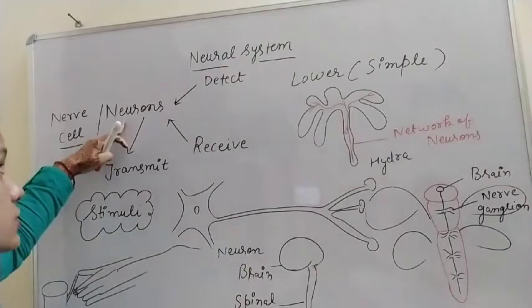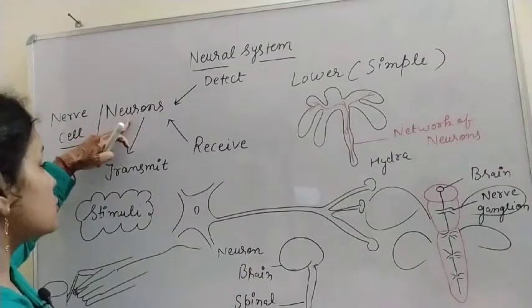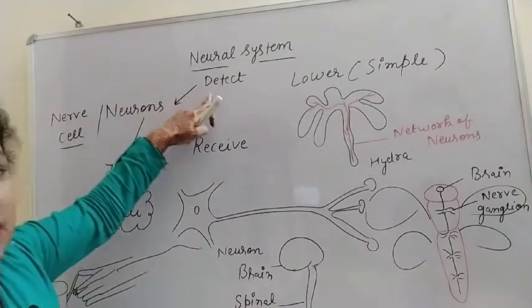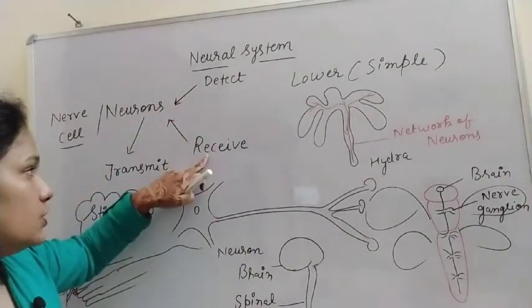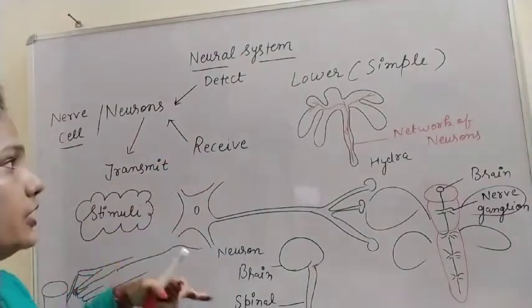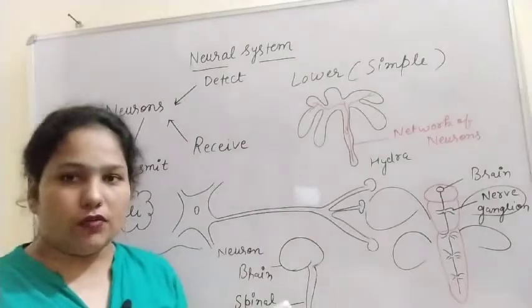So these neurons are the structural and functional unit of our nervous system. They can detect the signal, receive the signal, or transmit the signal to maintain the coordination of our body.